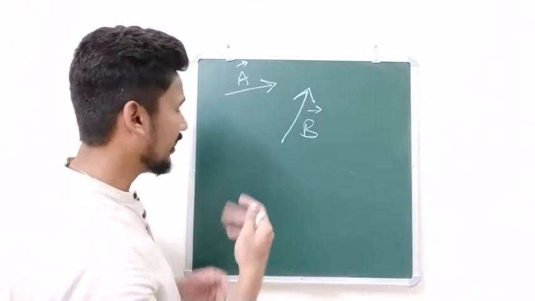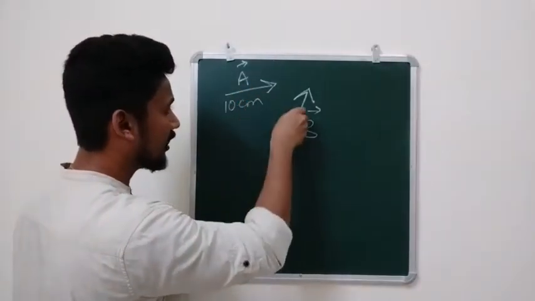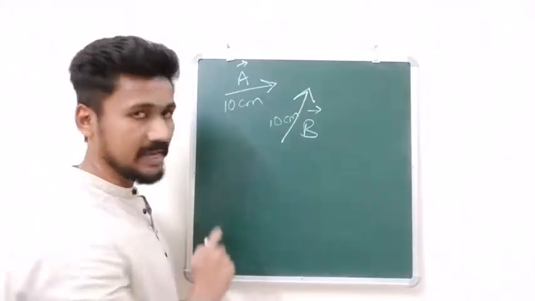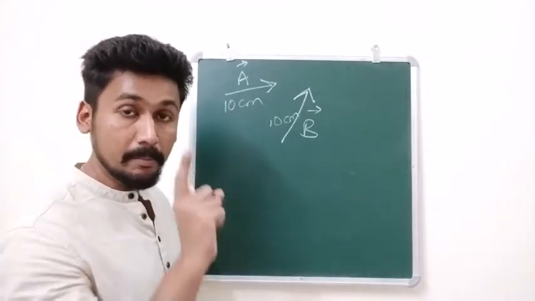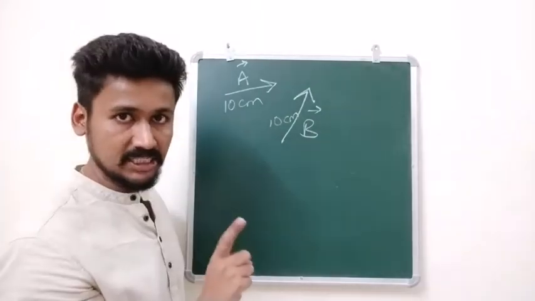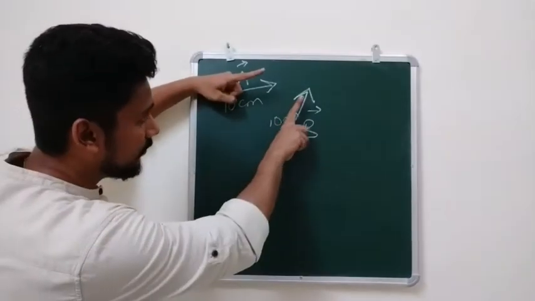So let us take a very simple example. Let us say vector A is of 10 centimeters and vector B is also of 10 centimeters. So are they having the same magnitude? Yes. So we can say the magnitude is the same. But the second test we have to see is whether they are in the same direction. Okay. Now you can see vector A is going like this and vector B is going like this.